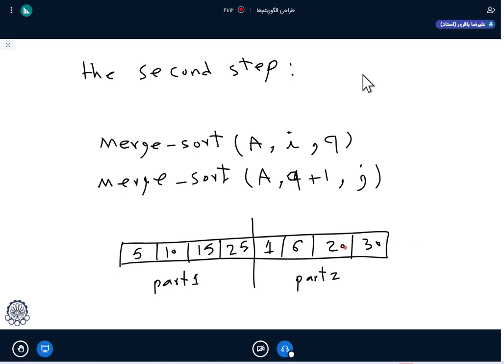The second part is also sorted: 1, 6, 20, and 3. How can we combine these two parts? To combine these two parts, let me give these examples in the next slide.